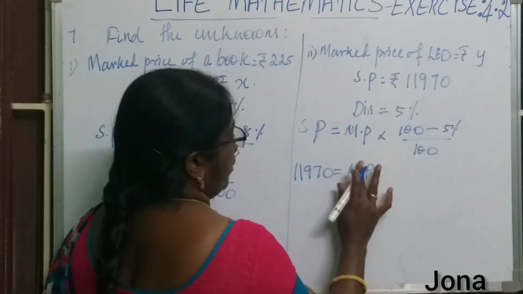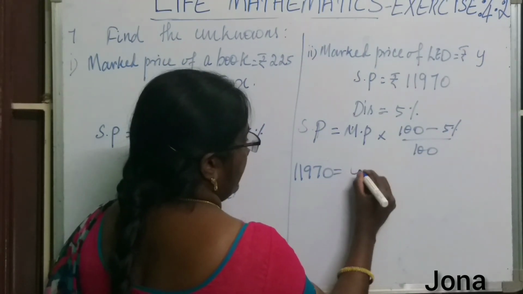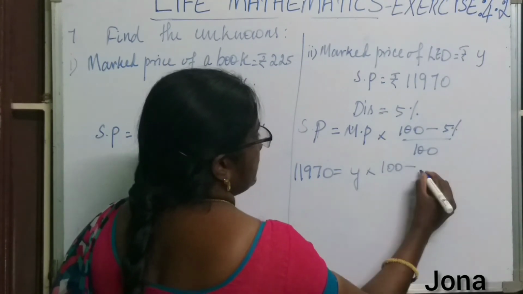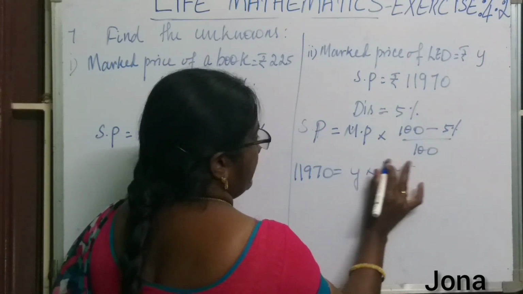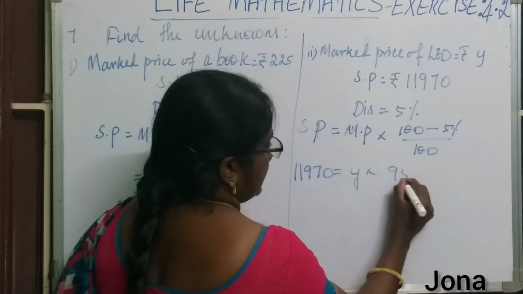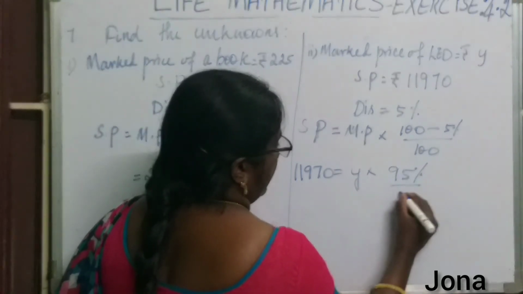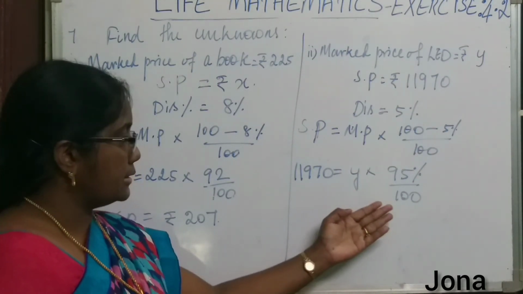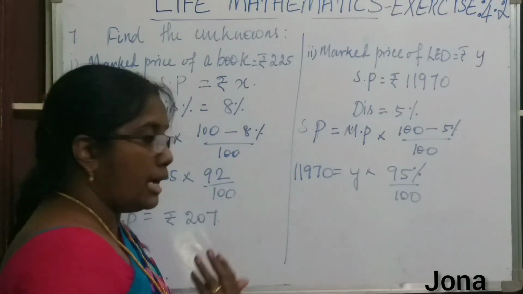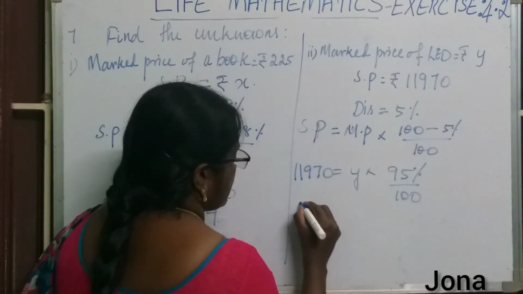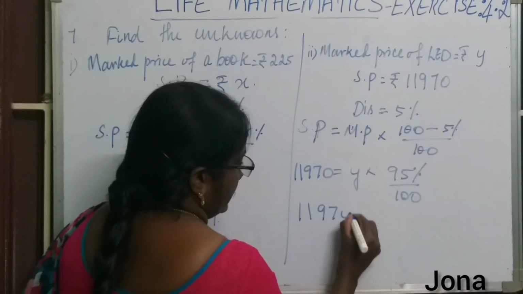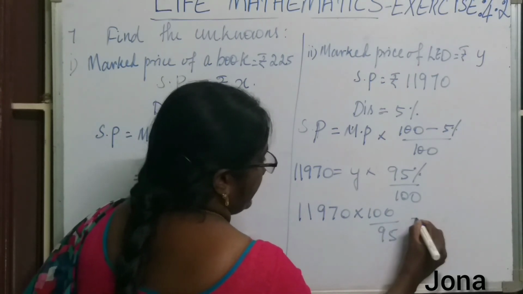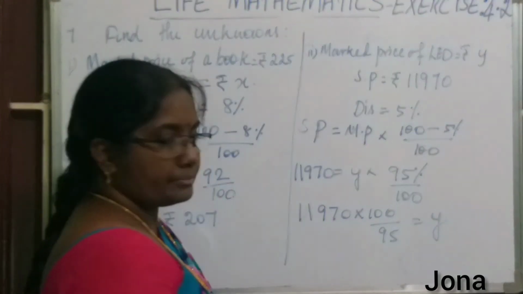That is nothing but Y. So we can write this as Y here into 100 minus 5, that is 95% divided by 100. Here I want to find the value of Y, isn't it? So take these two numbers as reciprocal to the other side. So we can write this as 11,970 into 100 by 95. Just nothing but Y here.